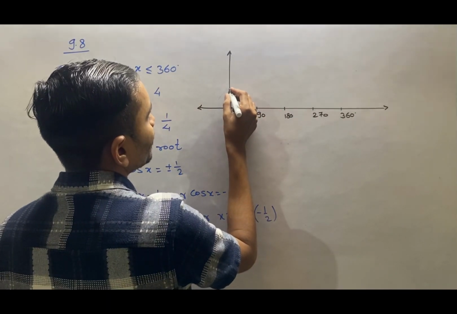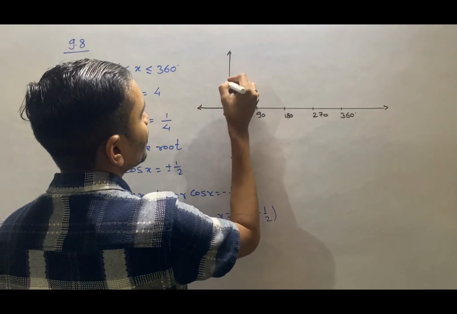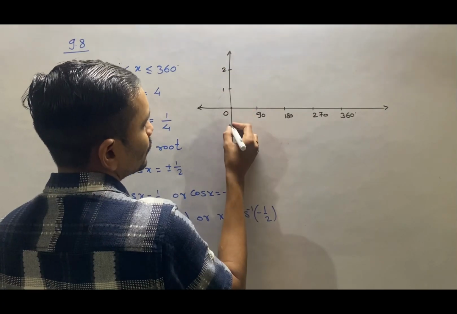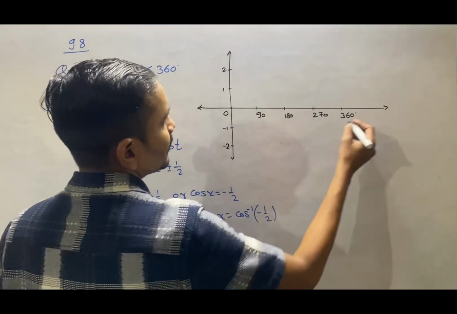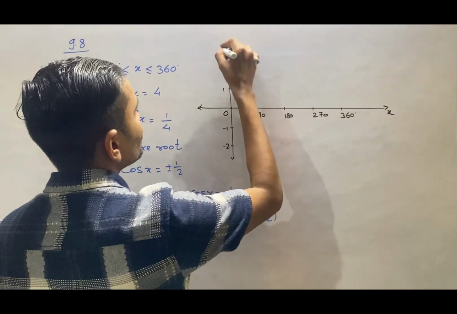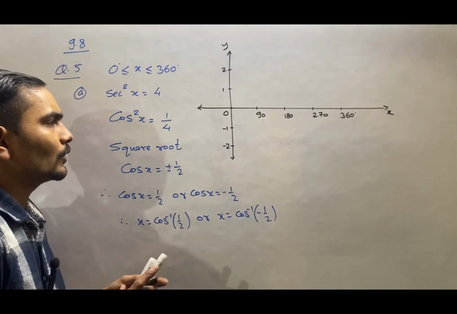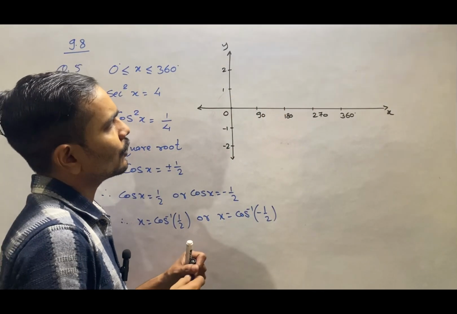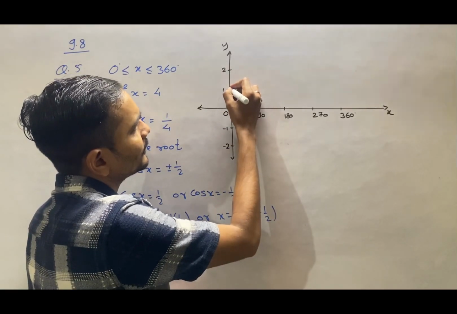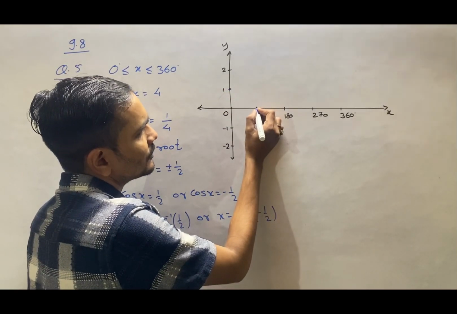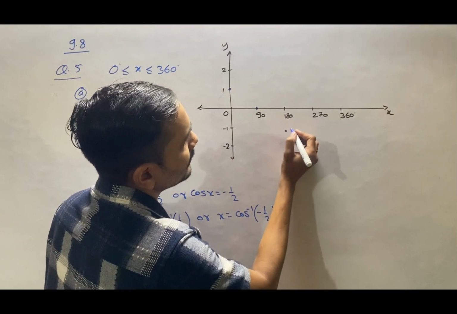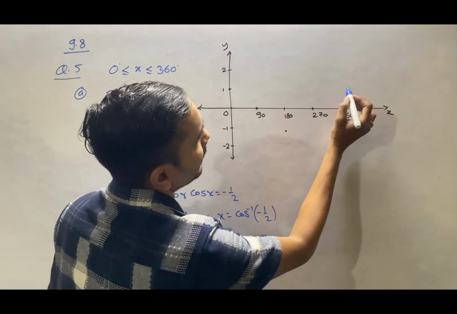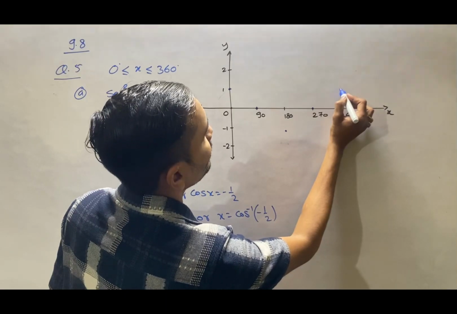Here we will take 1, 2, negative 1, negative 2. This is our x-axis, this is y. So as we know, at 0 cos will be 1, at 90 cos is 0, at 180 cos is negative 1, at 270 it is 0, and again at 360 it's positive 1.